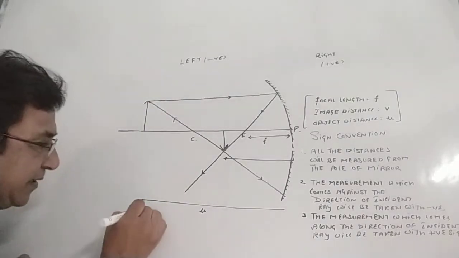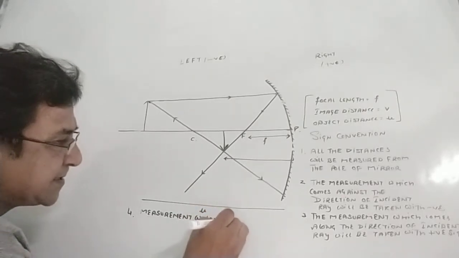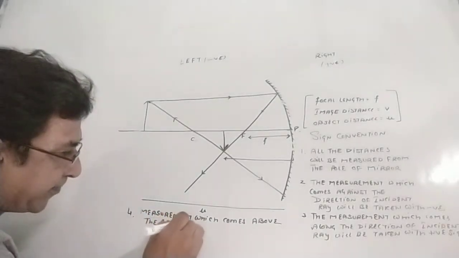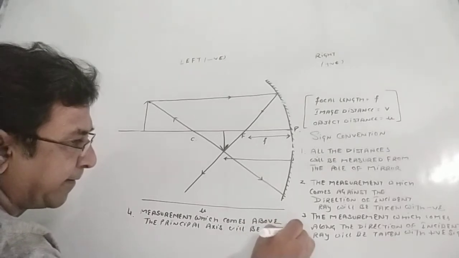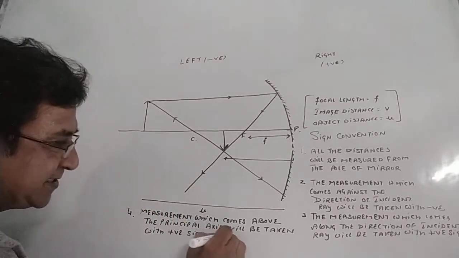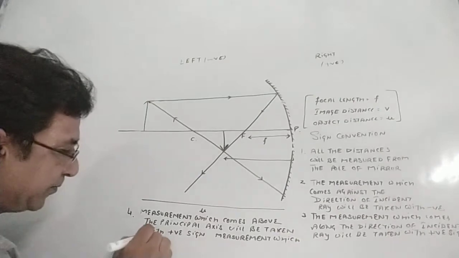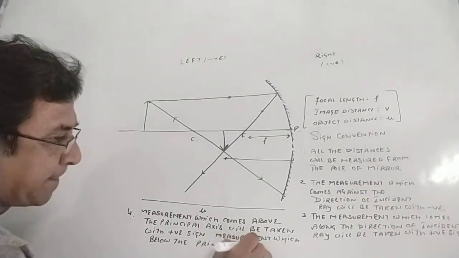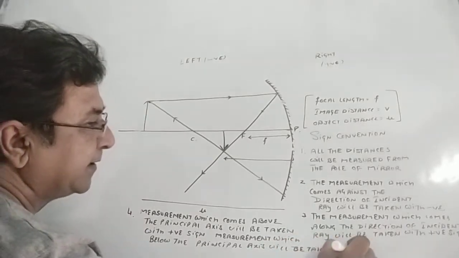In language we will write: the measurement which comes above the principal axis will be taken with positive sign, and the measurement which comes below the principal axis will be taken with negative sign.